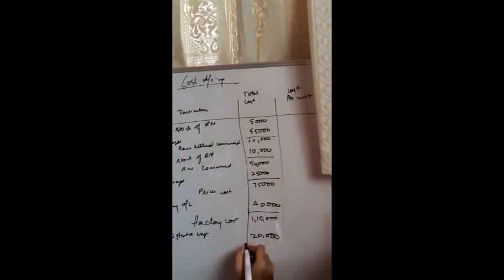After which you will arrive at the cost of production, which is 1,35,000. Now here you do not have any information regarding sales. So when you do not have any information regarding sales, you will not be able to arrive at the profit or loss. Now what do we have to do with the second column, that is cost per unit?